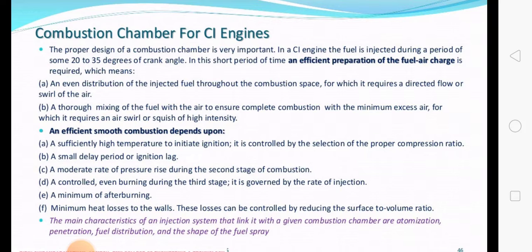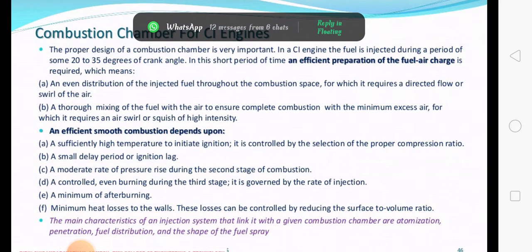It is because in an SI engine fuel and air are mixed outside the combustion chamber, that is, in the carburetor, whereas in a compression ignition engine the mixing of fuel and air takes place inside the combustion chamber, when the fuel is injected near the end of the compression stroke. Hence during a period of 20 to 35 degrees of crank angle only air is being pressed.